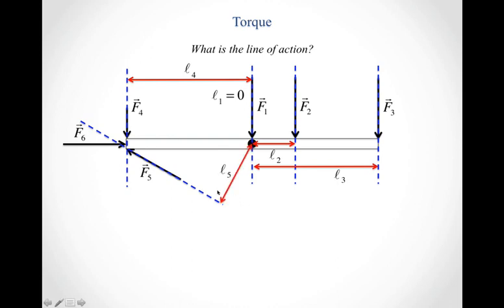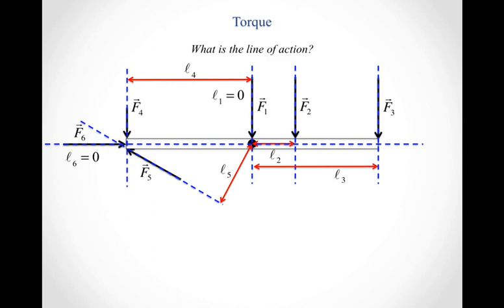With force 5, by swinging that force around, what I've done is I've shortened the moment arm. By making that moment arm shorter, I generate less torque by that force. Force 6, its line of action runs back through the pivot again, which means its moment arm is 0, which again is why force 6 generates no torque about this particular pivot.